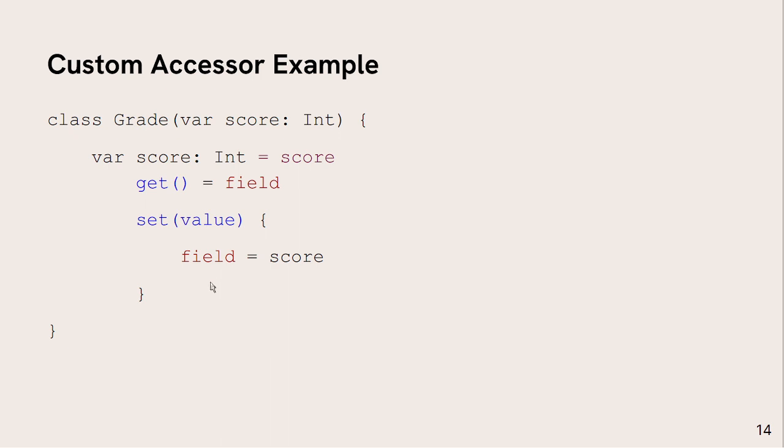And within this, again we encounter score, so we would like to set the value of this score. So this is an infinite recursion, and eventually we will encounter an out of memory issue. That's why we need the field keyword, to prevent the recursive call.